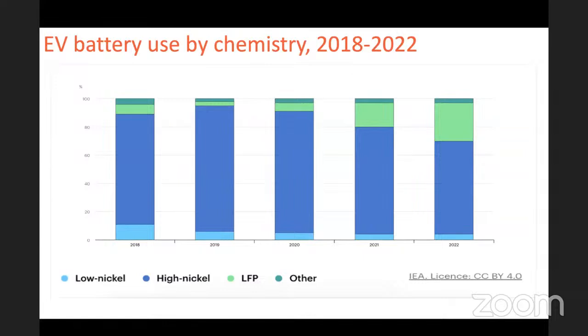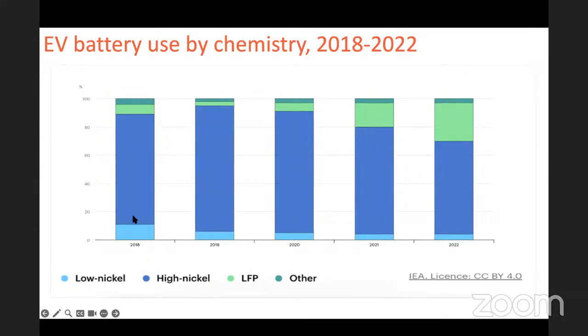There is a study conducted by the International Energy Agency about the usage of batteries. From 2018 to 2022, the selection of these batteries has been plotted here.